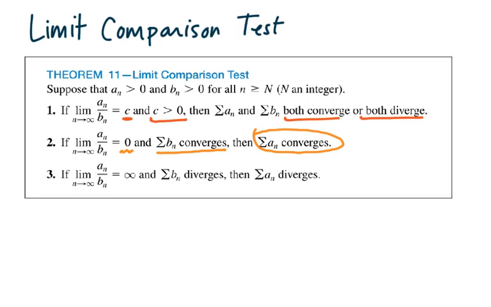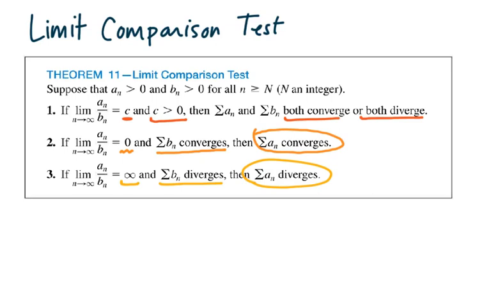And lastly, if that same limit of the ratio of the nth terms is equal to positive infinity, and we know again that the series in the denominator diverges, then we could say the series in the numerator diverges. So let's look at some examples here with our limit comparison test.